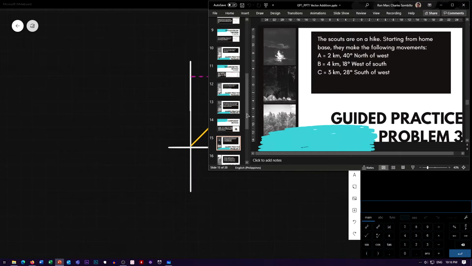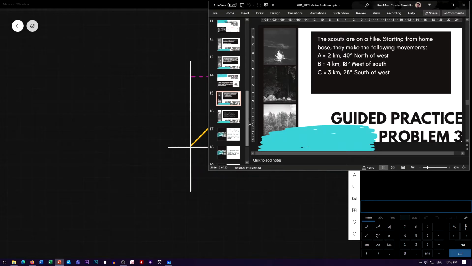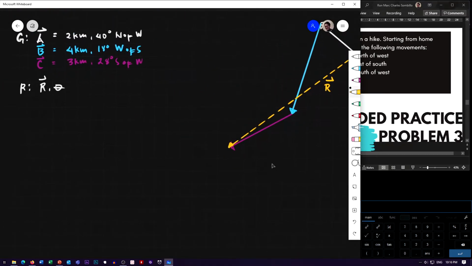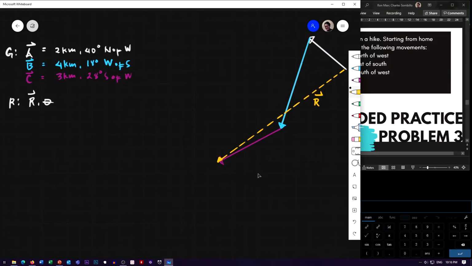Okay, so let's try to read the example here. This is the third guided practice problem. The scouts are on a hike. Starting from home base, they made the following movement. What we are tasked to do is determine the magnitude and the direction of the resultant. I have prepared the problem already, which is this.